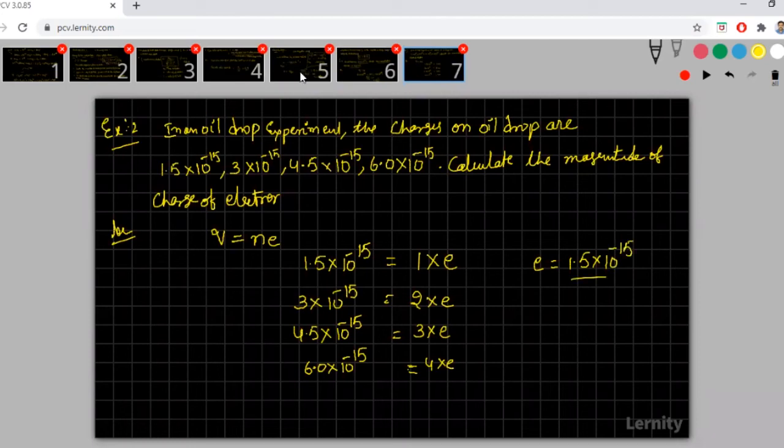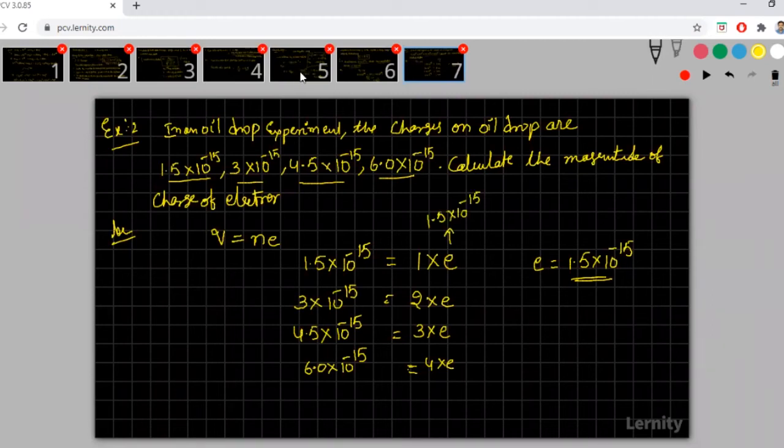A sample problem, understand clear? They gave a set of 4 parts here. We have to write each in the form of some integer into E. 1.5 into 10 power minus 15 is 1 into E. What is E here? E means 1.5 into 10 power minus 15.